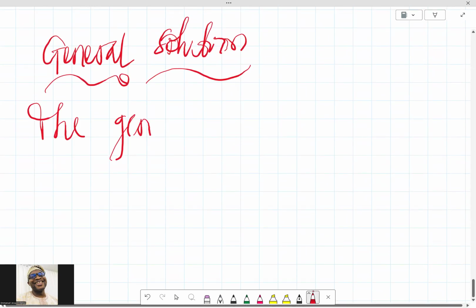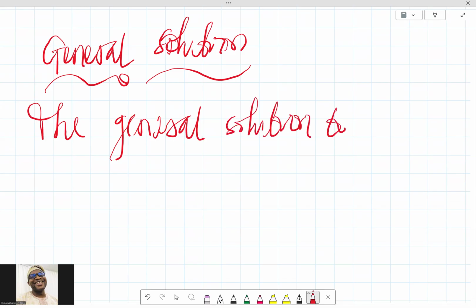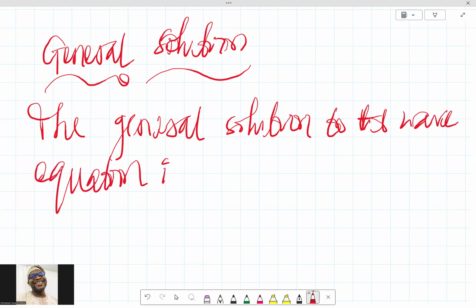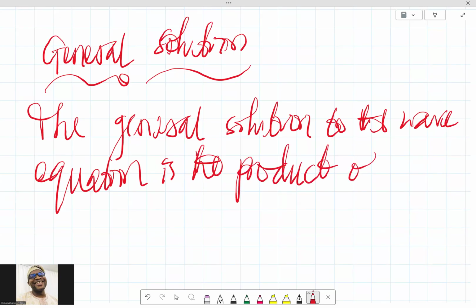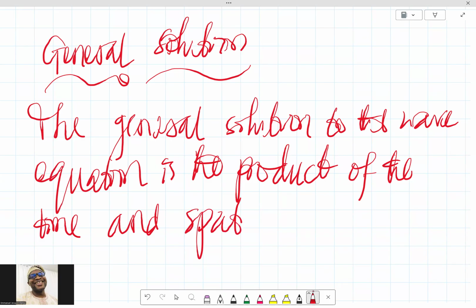The general solution to the wave equation is the product of the time and spatial solutions.